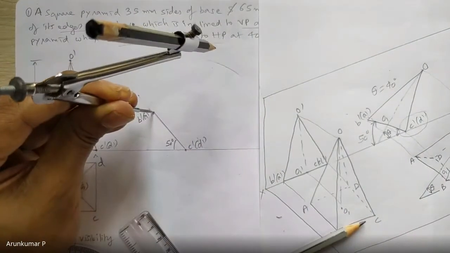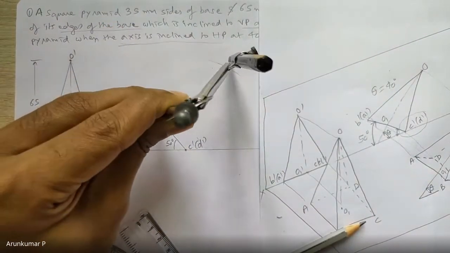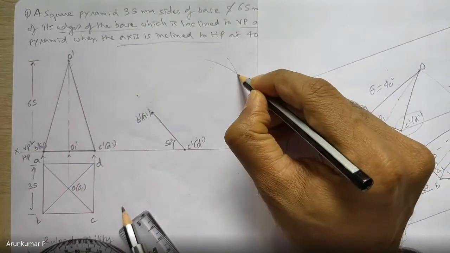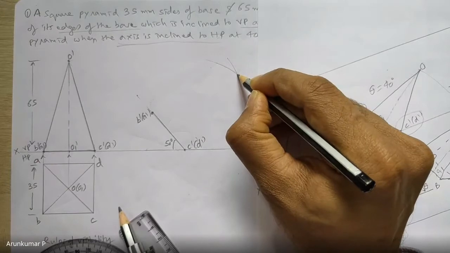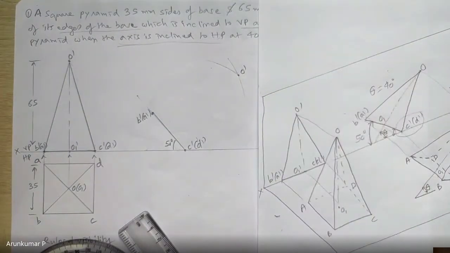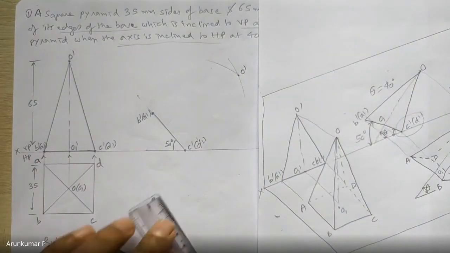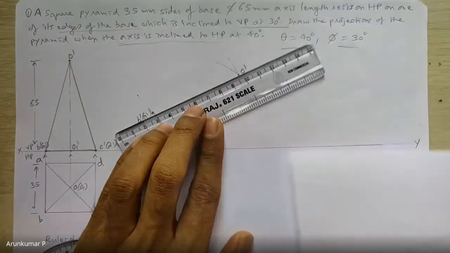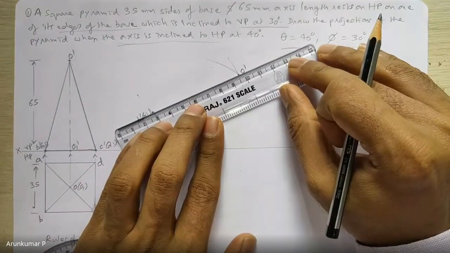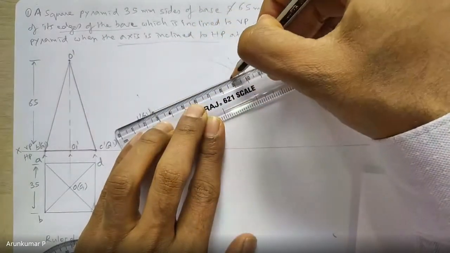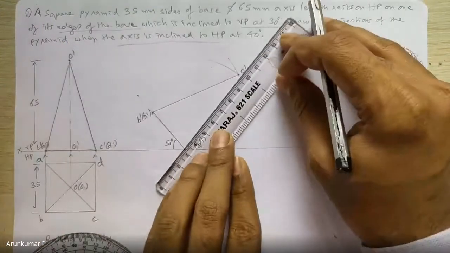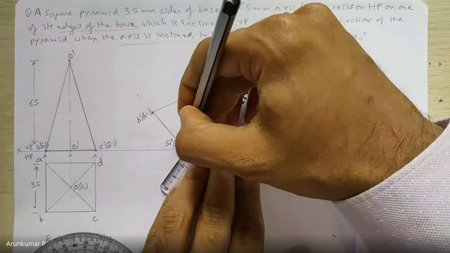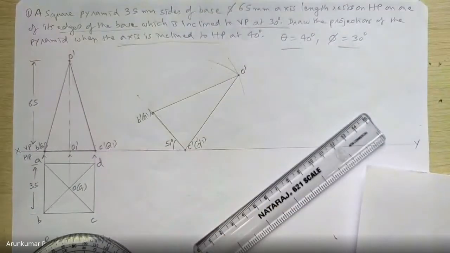From B dash, A dash, keeping the same distance, I will cut the arc. So it is intersecting somewhere here. This point is O dash. Join O dash to B dash, A dash. And O dash to C dash, D dash. Done.